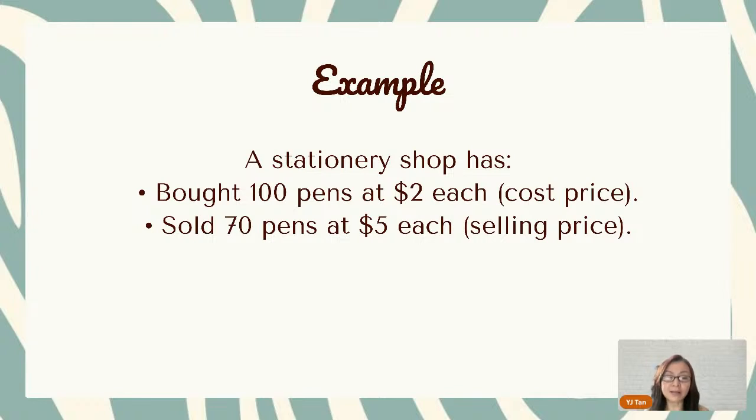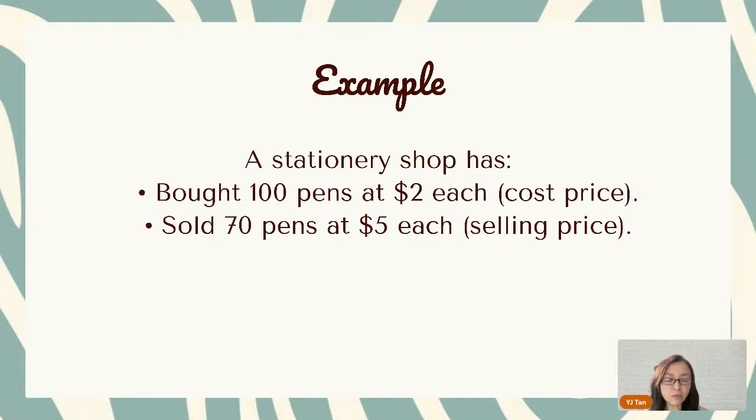Okay, I have 100 pens in my hand right now. And then what will happen this month, let's say, I sold 70 pens at $5. The value itself is 70 times $5, which is a total of 350 at the selling price. In the double entry, we will credit sales 350.